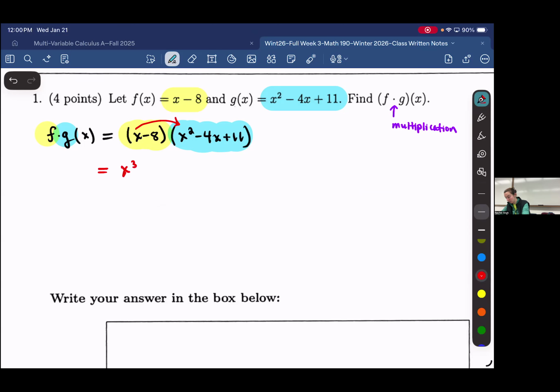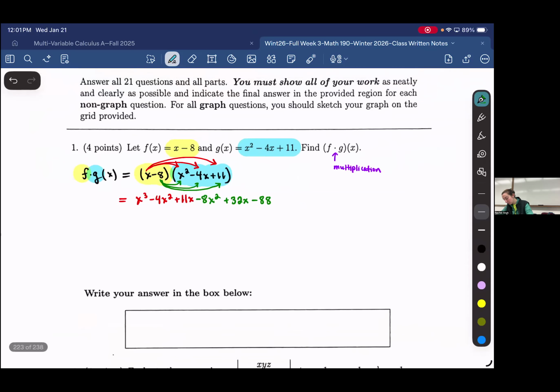X times negative 4x gives you negative 4x squared. And then x times 11 gives you plus 11x. Then negative 8 times x squared gives you negative 8x squared. Negative 8 times negative 4x gives you a positive 32x. And negative 8 times positive 11 gives you a negative 88.